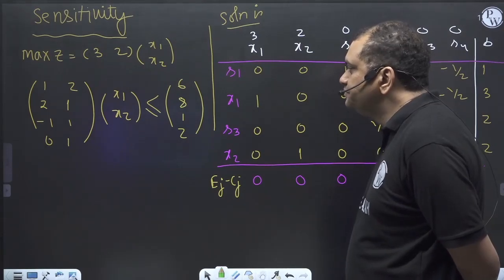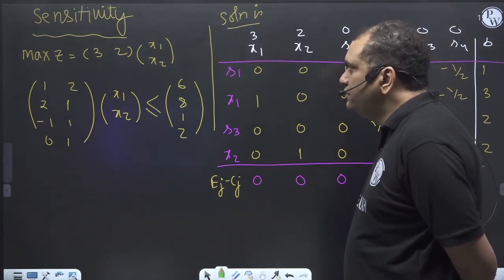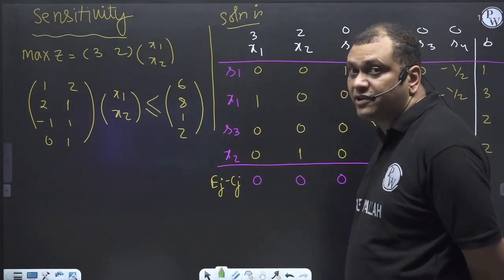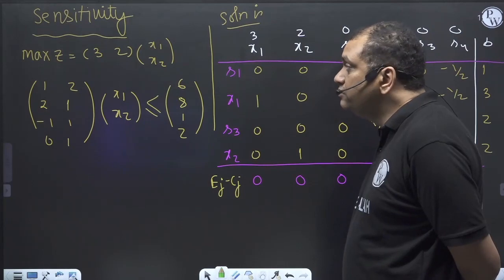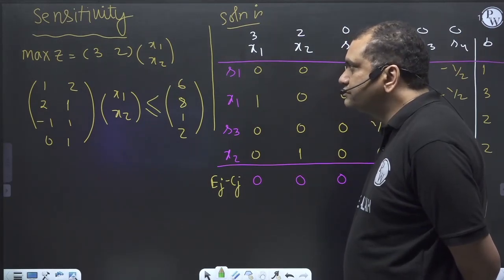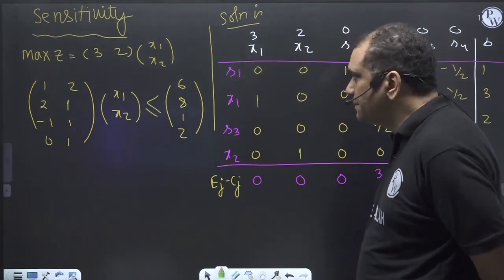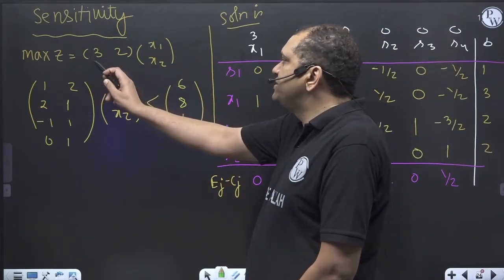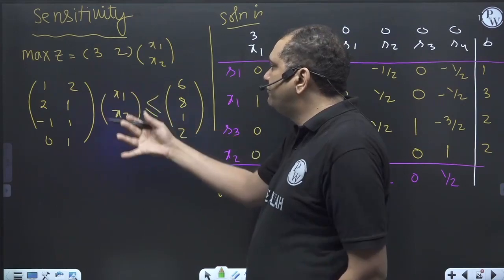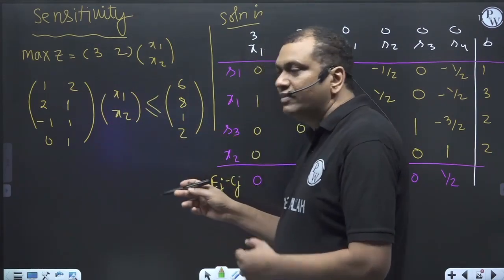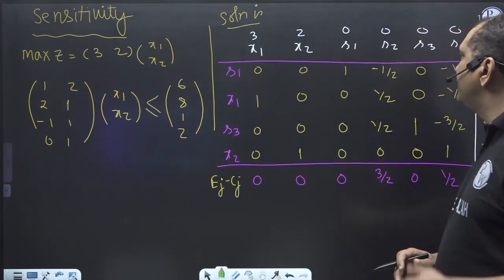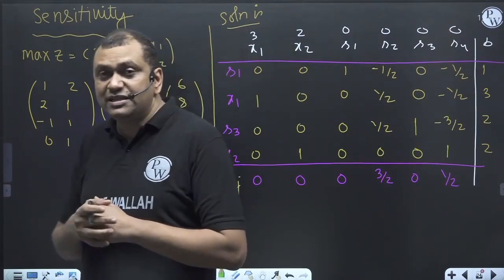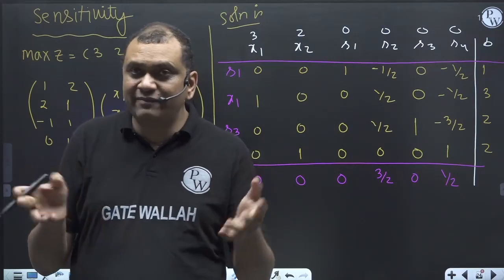This sensitivity discussion may be helpful to you, especially for GATE, to handle some theoretical questions. This is my problem. Maximum z is 3x1 plus 2x2, and there are 4 constraints. And this is the optimum table. Just I am giving a little glance, and then we will close Simplex.